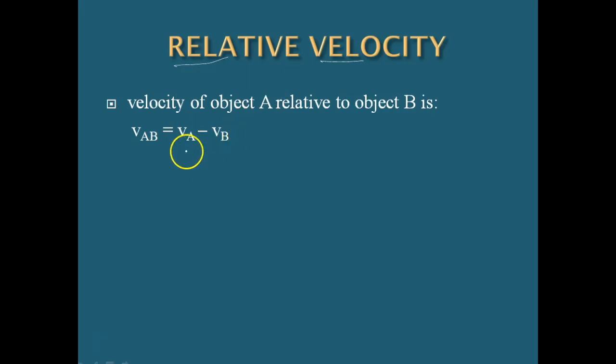You just consider two objects A and B moving uniformly with average velocities VA and VB in one dimension, say along x axis.